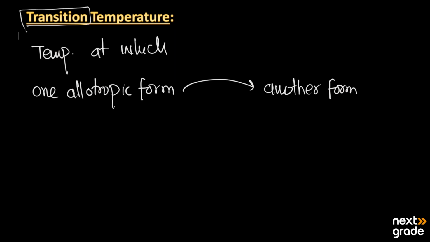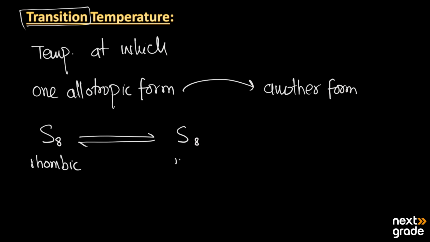Now, for example, we have sulfur. It's S8 and it is going to be changed into another allotropic form. We have rhombic sulfur and here we have monoclinic sulfur.